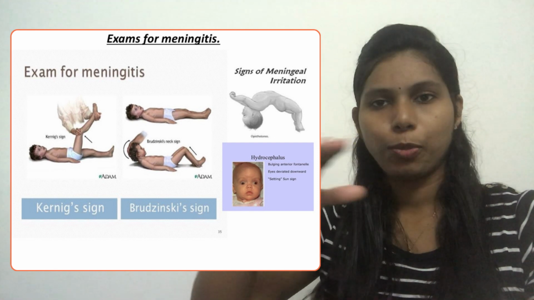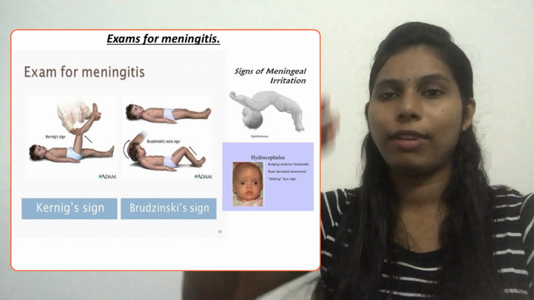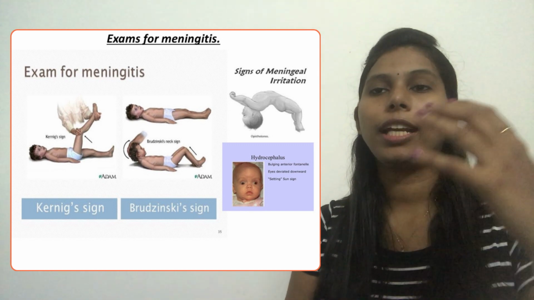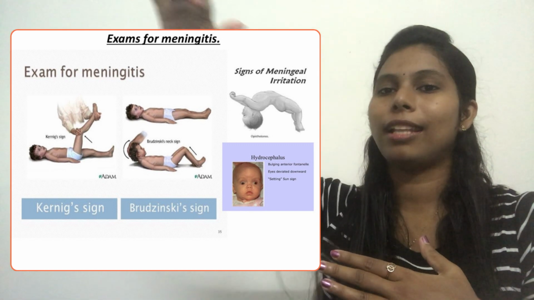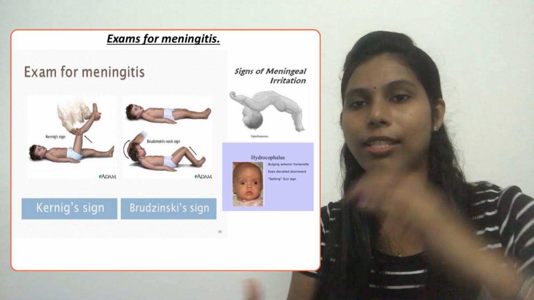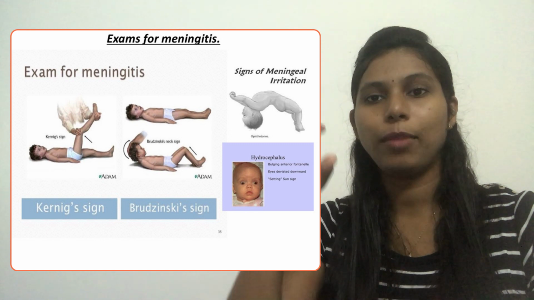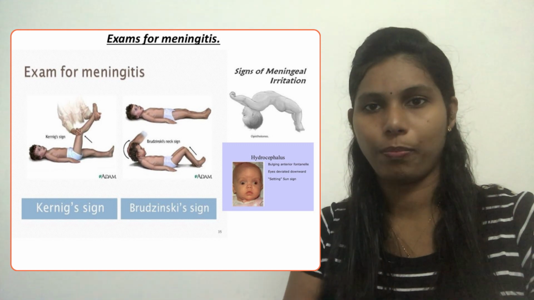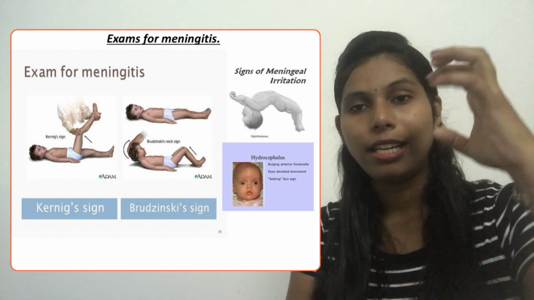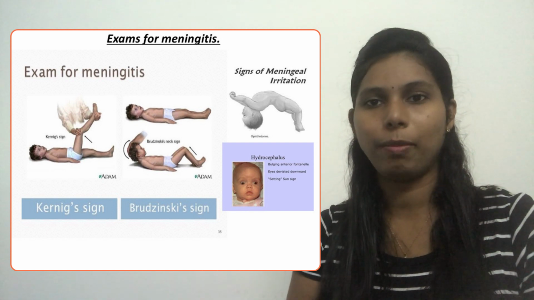The client will be in a supine position, and in the picture you can see the thigh will be flexed 90 degrees, and at that time the client is not able to extend the leg. There will be severe pain while the examiner tries to extend the leg. So if it shows like this, that means Kernig's sign is positive, which means the client has meningitis. That is a confirmation sign that you use for meningitis.